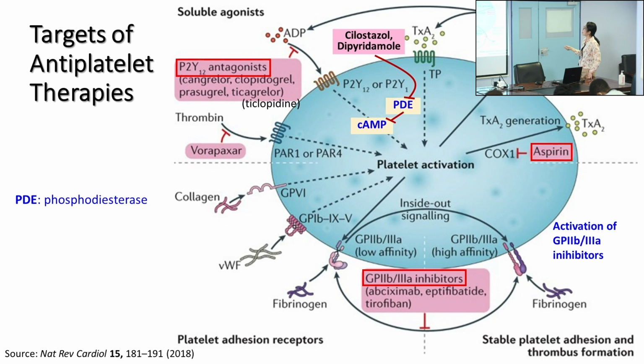P2Y12 is the ADP receptor, so it blocks the downstream effect of P2Y12, because the activation of P2Y12 will further activate platelets. And aside from that, there's also another class that can inhibit PDE, the phosphodiesterase: cilostazol and dipyridamole. They can block here, and also block the activation of platelets.